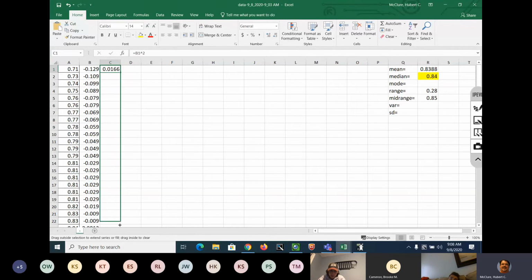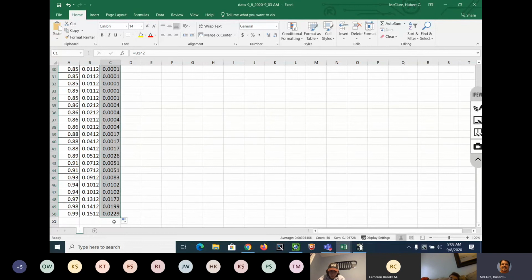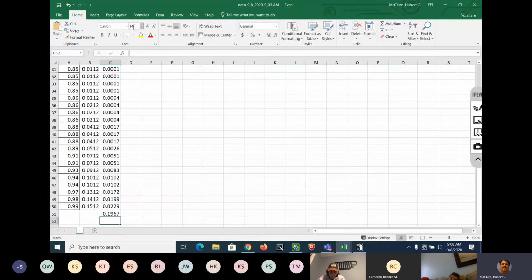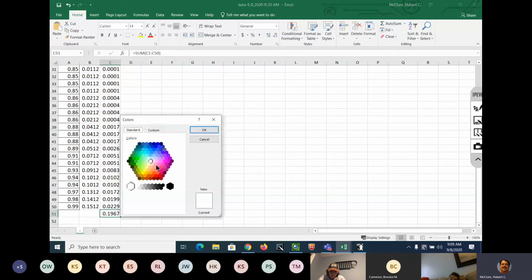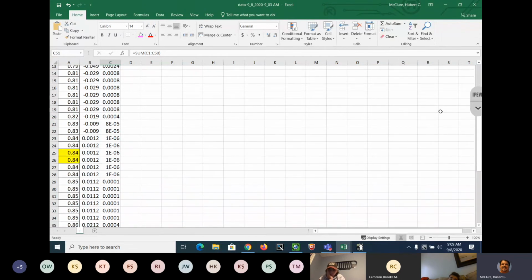And copy that down. And then, of course, add them all up. And that's going to be the numerator for my variance.